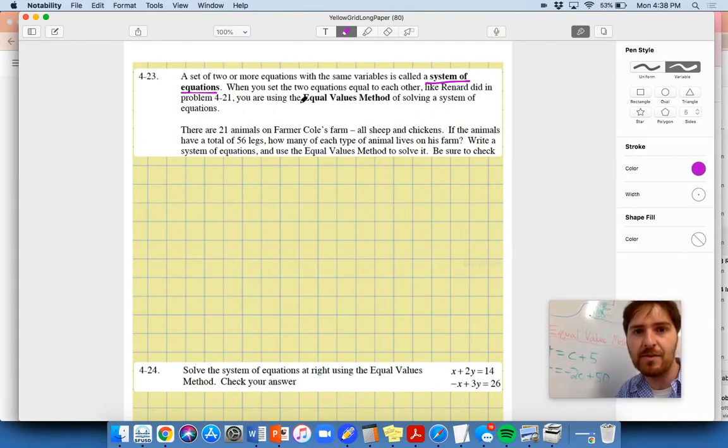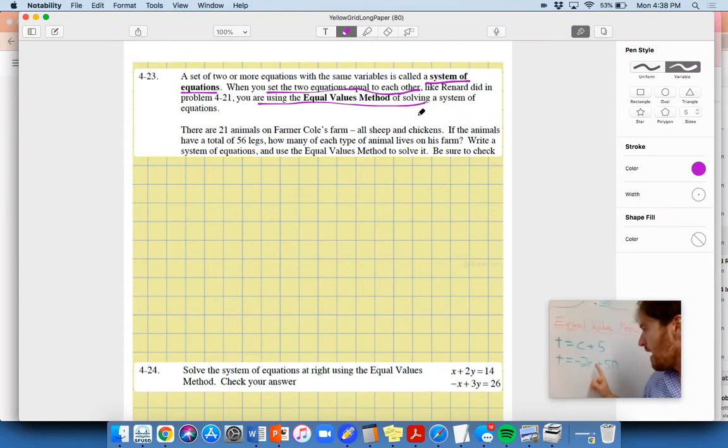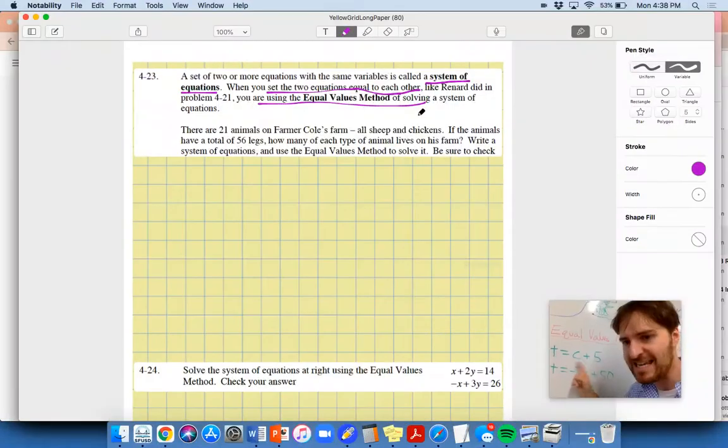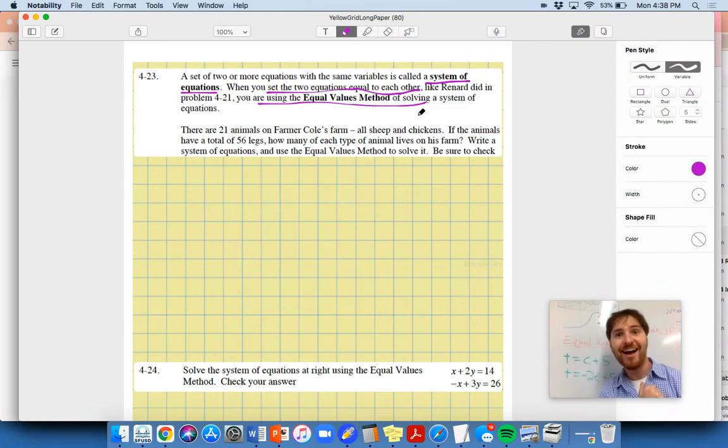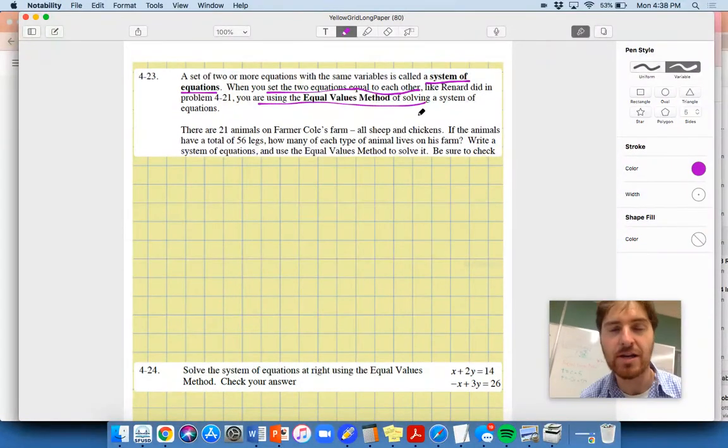That's what we're using, the equal values method: you set the 2 equations equal to each other, and then you solve it. I can set these equal because I know t equals c plus 5, and I know t equals, what do you solve for, negative 2c plus 50. What I can do is take c plus 5, set it equal to negative 2c plus 50, and then I can solve for c right away. Then once I have c, I can go back to my original equation and solve for t.